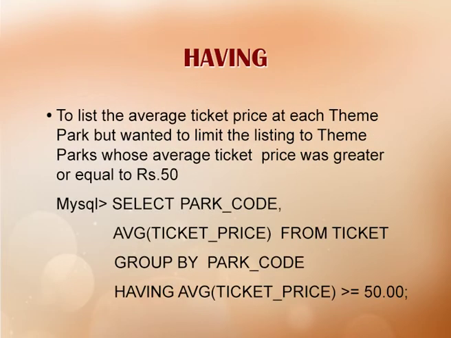To list the average ticket price at each theme park, but limit the listing to theme parks whose average ticket price was greater than or equal to 50. So, we are not considering all the values, but grouping and selecting only those theme parks whose average ticket price was greater than or equal to 50.